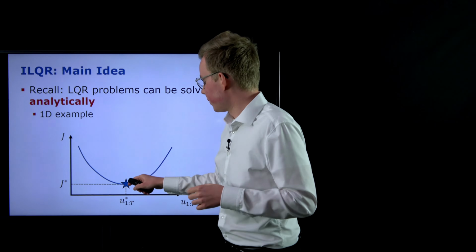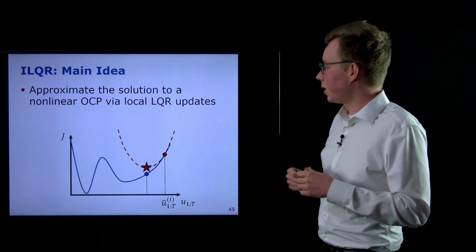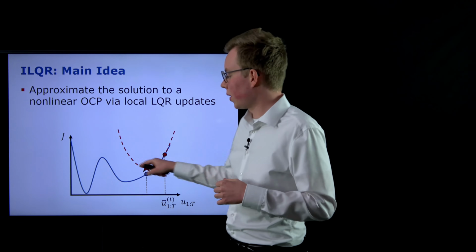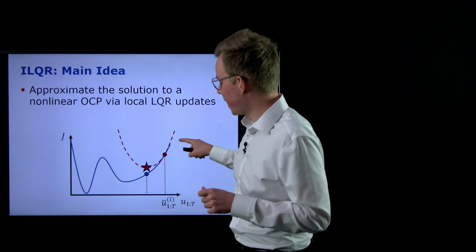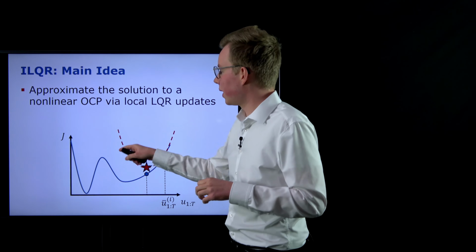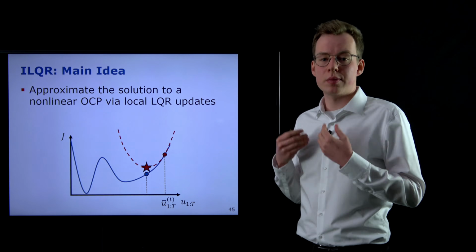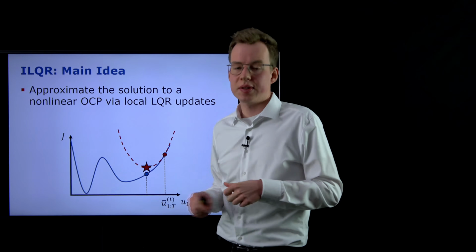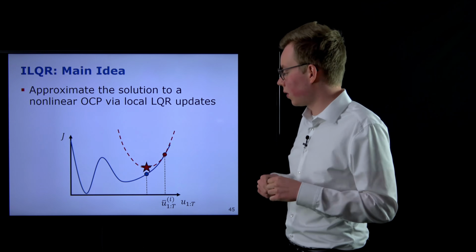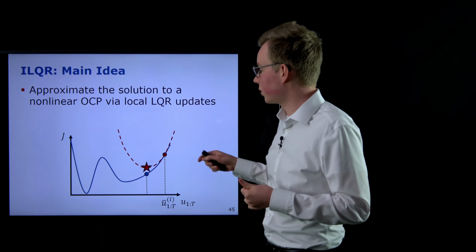But if we now have a nonlinear cost, so our non-quadratic cost landscape, then we cannot solve this analytically anymore. But what we can do is exploit this LQR solution to take steps towards at least a local solution.